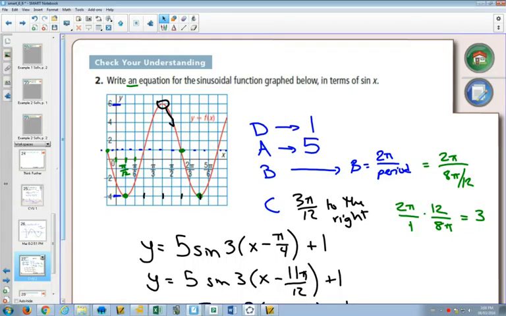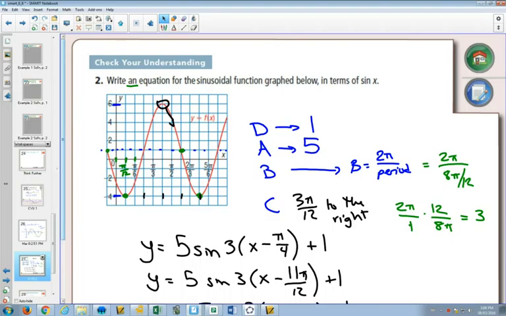And then you would make your cos graph, y equals 5 cos 3x minus, and then you'd figure out this is 1, 2, 3, 4, 5 pi over 12 to the right, x minus 5 pi over 12, and still plus 1. So the only thing that changes is that c value, depending on what you've decided to be your starting point.